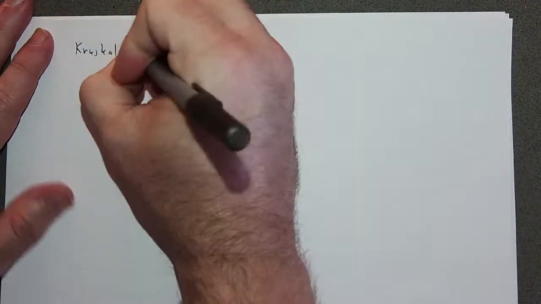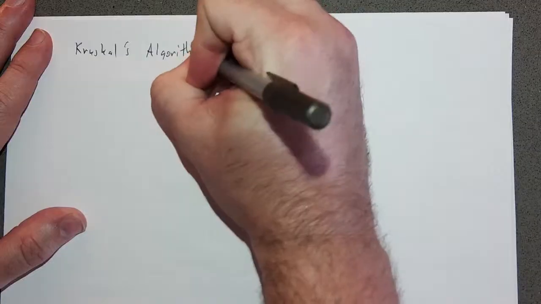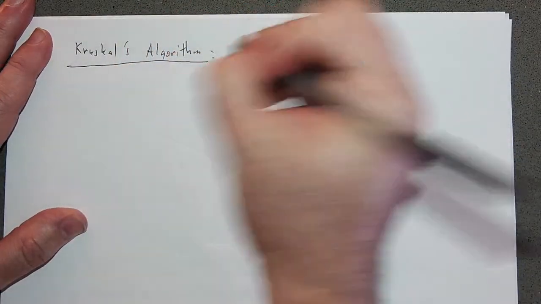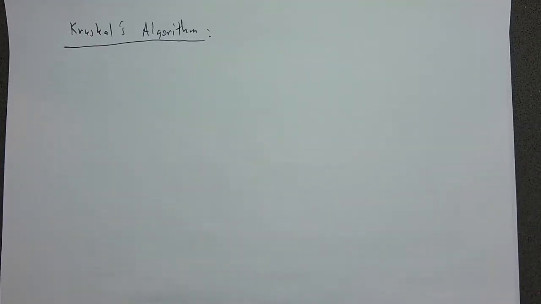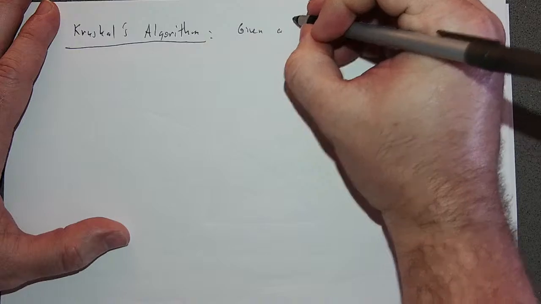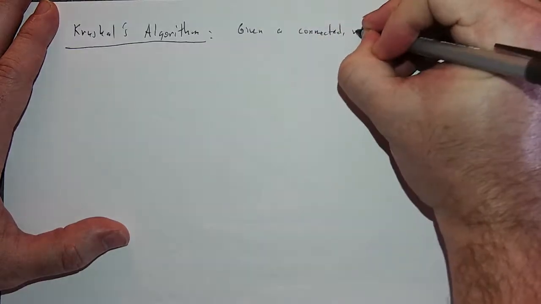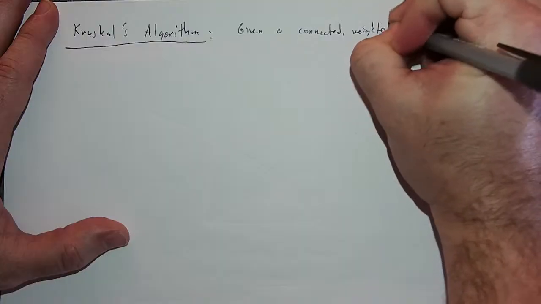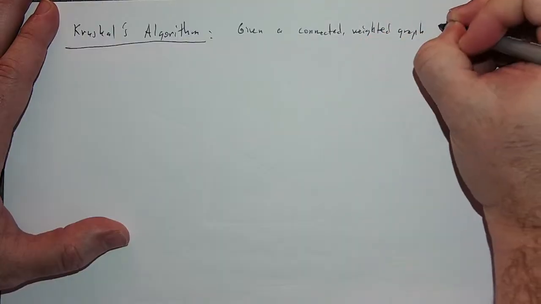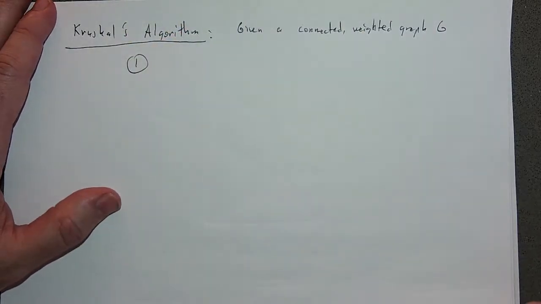So, to that end, we discuss Kruskal's algorithm. Given a connected weighted graph G, one, find an edge of minimum weight and mark it.